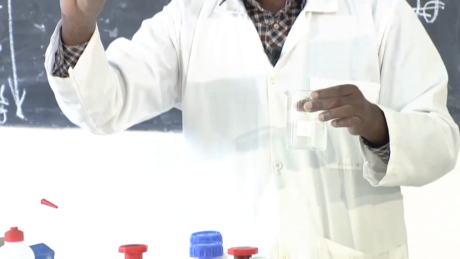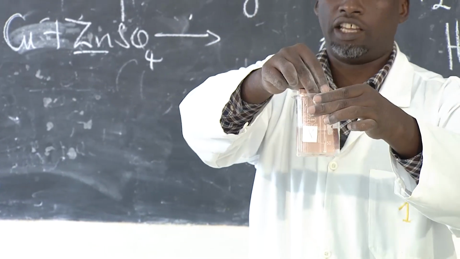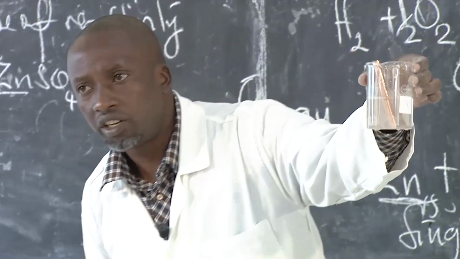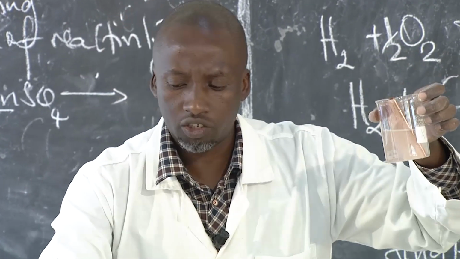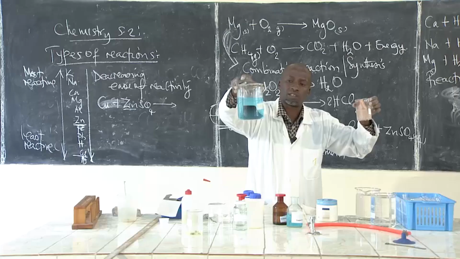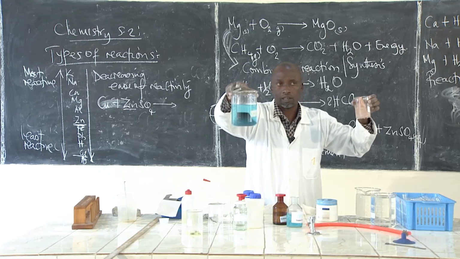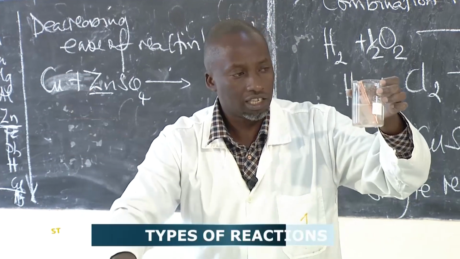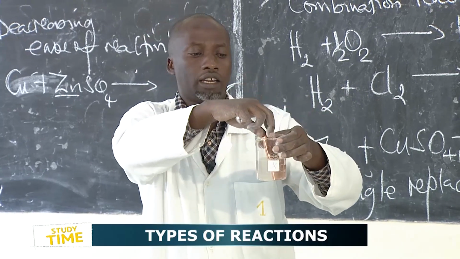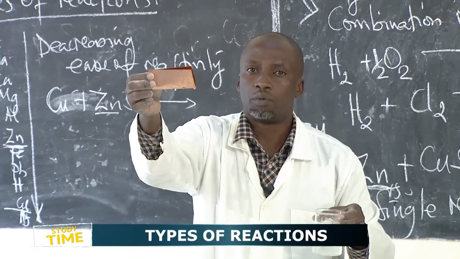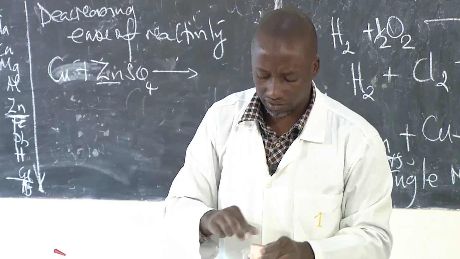This is a copper plate, and I just insert it in here. There is no difference. Look at it. This is the reaction we are talking about. This was zinc and copper sulfate. This is zinc sulfate and a copper strip. So what is the meaning of this?